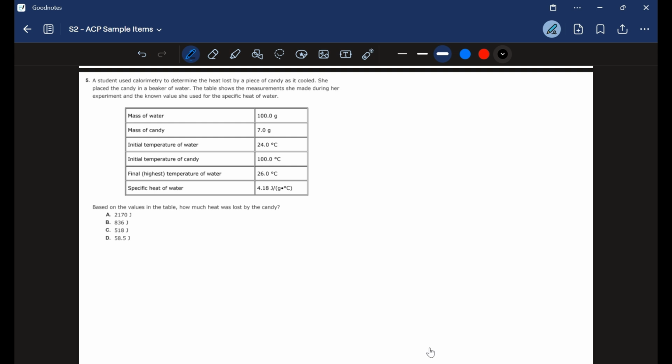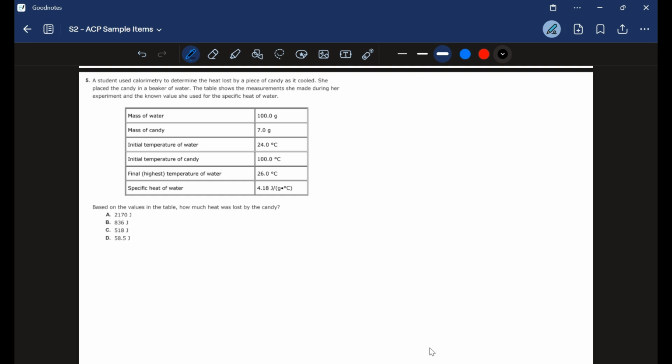Okay, for question 5, this is actually 5. The previous one was 4, sorry. You are using calorimetry. So a student used calorimetry to determine the heat lost by a piece of candy as it cooled. She placed the candy in a beaker of water. The table shows the measurements she used during her experiment and the known value she used for the specific heat of water.